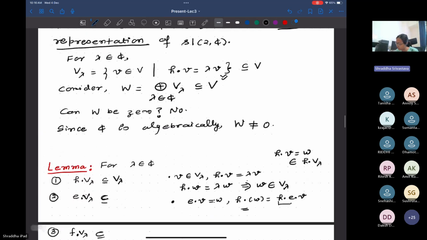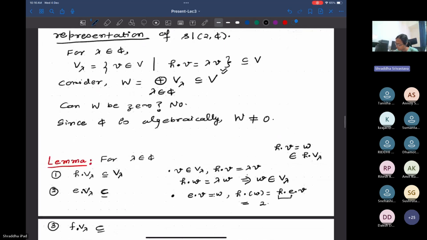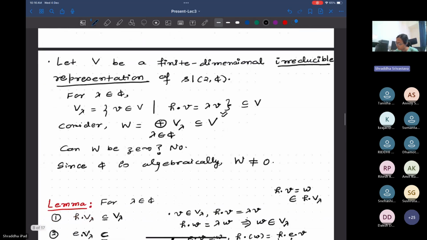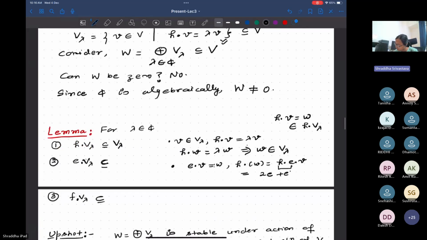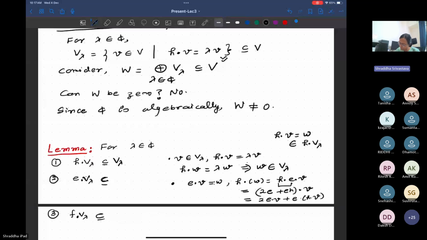So I can simplify this H dot E to 2E plus EH applied to V. And what is H dot V? Your V is in V lambda, right?